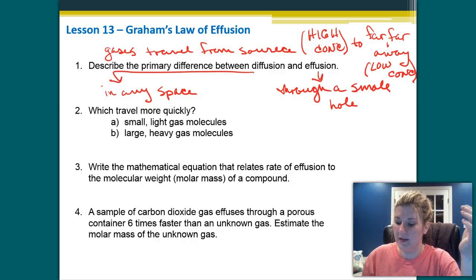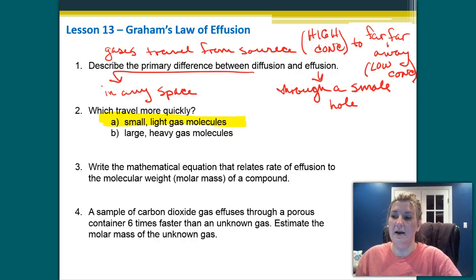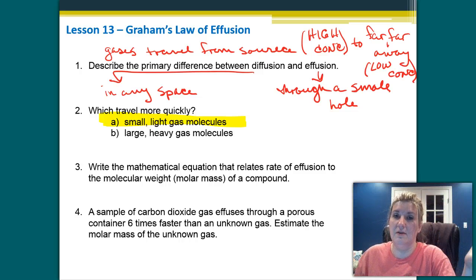According to Graham, small light gas molecules travel more quickly. That makes sense, because if we're skinnier and lighter, it's easier for us to run down the street. And if we're heavier, it's not quite as easy. Big things don't move fast. Small things do.